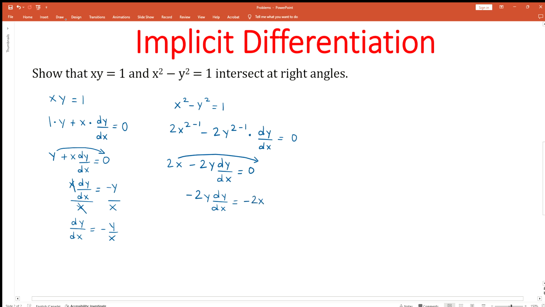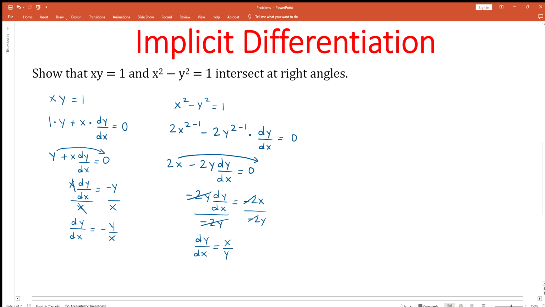Next, we should divide both sides by negative 2y. The negative 2's cancel each other out and we are left with just x over y. So dy over dx is equal to x over y. This is the expression for slope of tangent to the second equation.